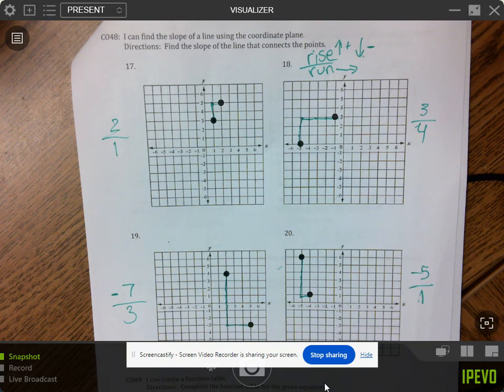Ruby, I'm confused how I got this wrong. Let me see. Okay, look at mine. That rise, we go down. You read from right to left and you went up. This is why I said it's super important. We remember we always go from left to right, so we hit this point first.